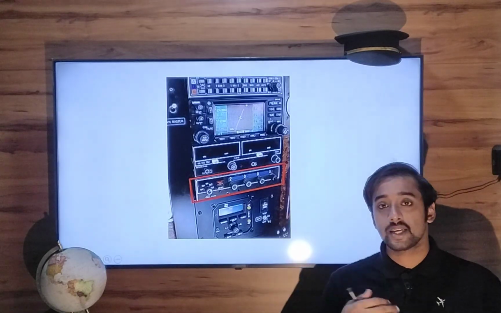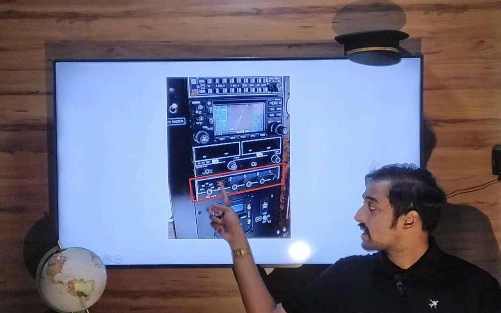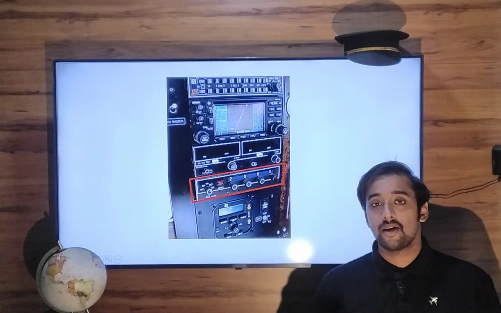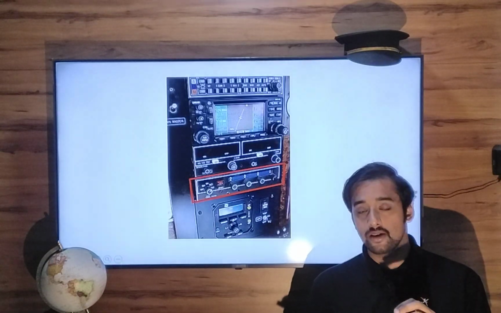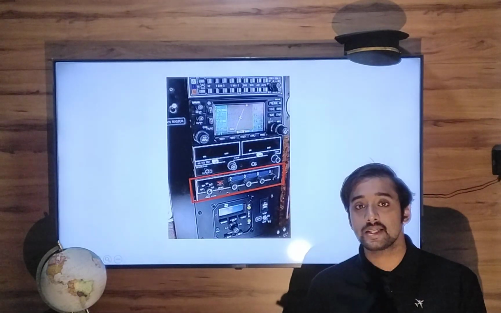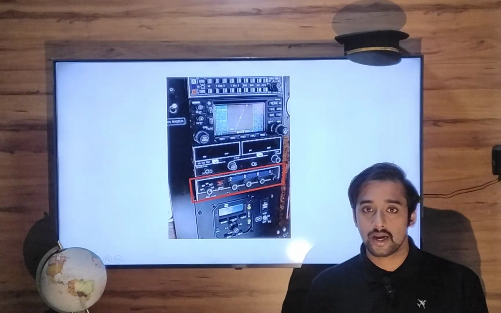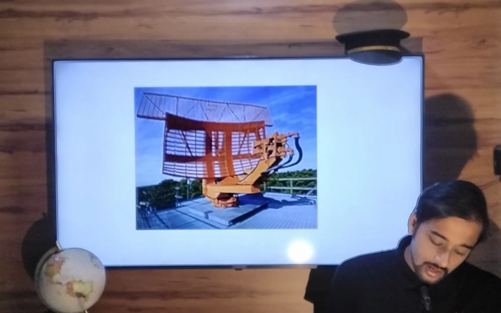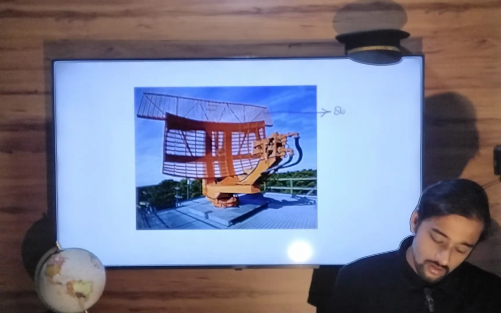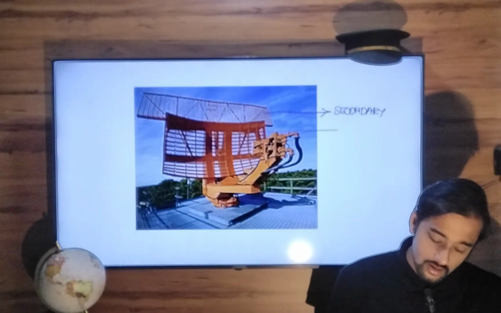If ATC tells you to squawk ident, you can select the ident option here, and when you select that option, there will be a flashing. Your aircraft will flash on the ATC radar screen, and that way ATC can identify your aircraft. So this is your secondary radar on top of primary radar.